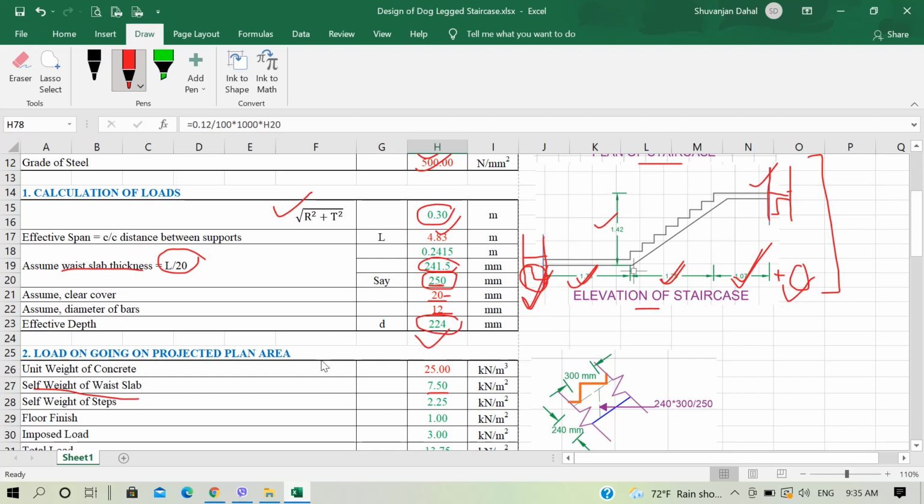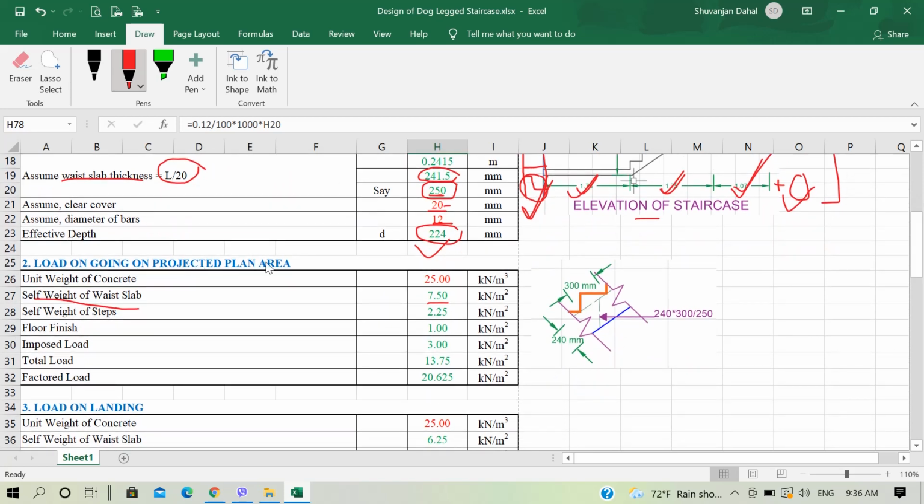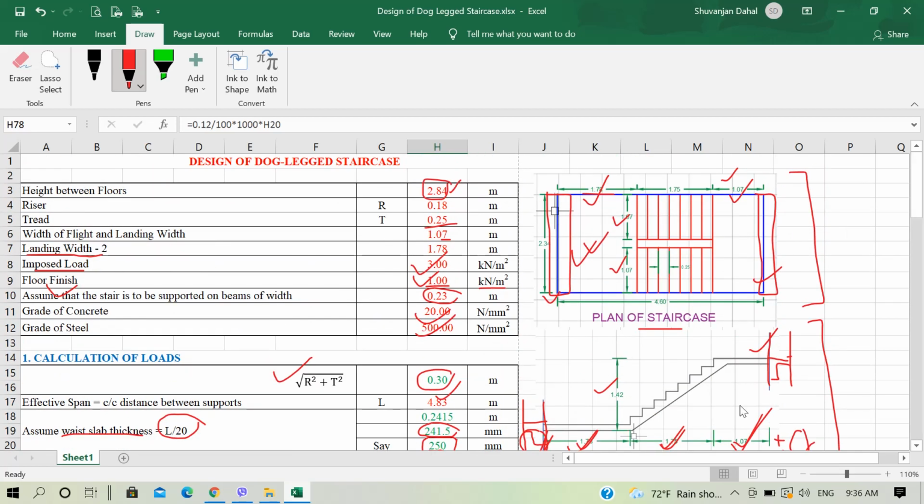Now we have assumed a thickness of waist slab for the calculation of loads here. So first we calculate the load on going on projected plan area. If you remember what is meant by going, this is the going of our staircase flight.